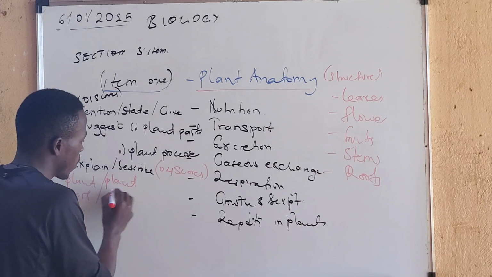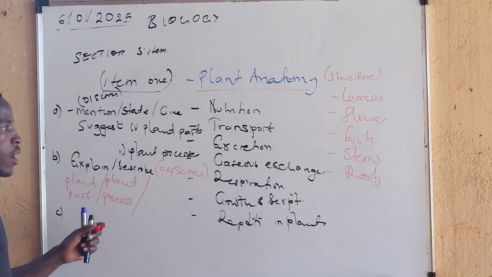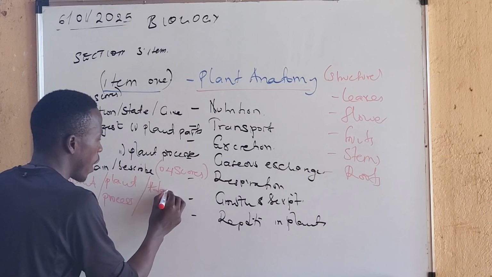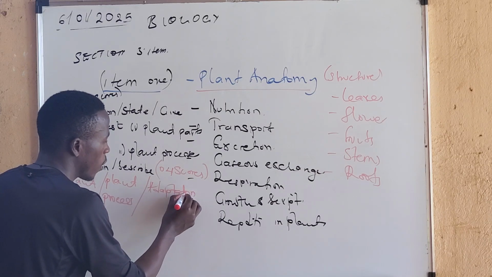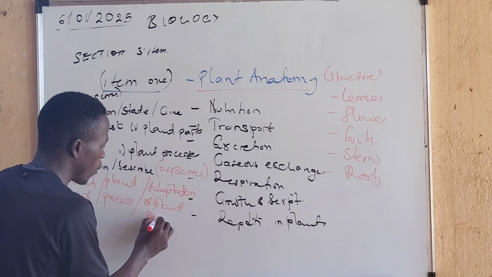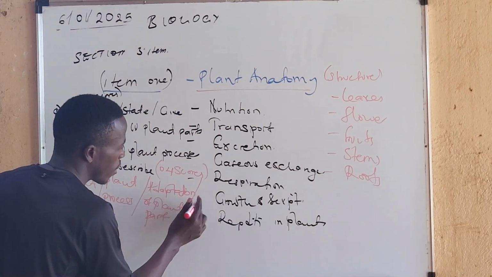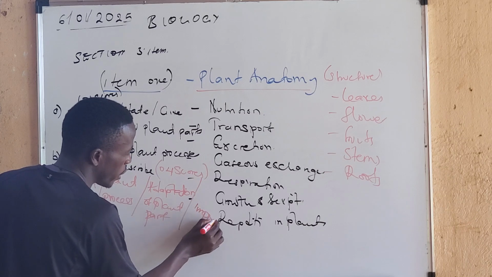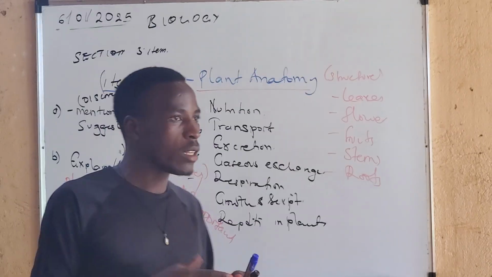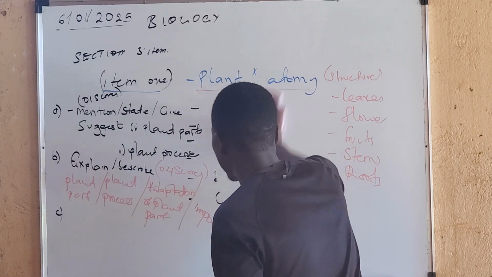Then follow it with the adaptation of the plant part. And lastly, tell us the importance of that plant part. Am I clear? That is, plant part or plant process.